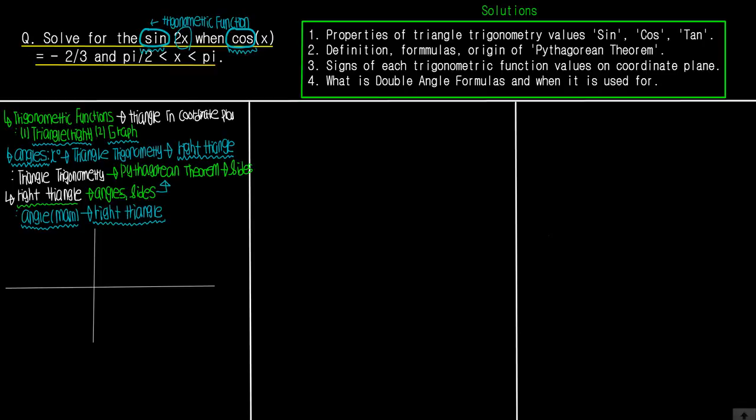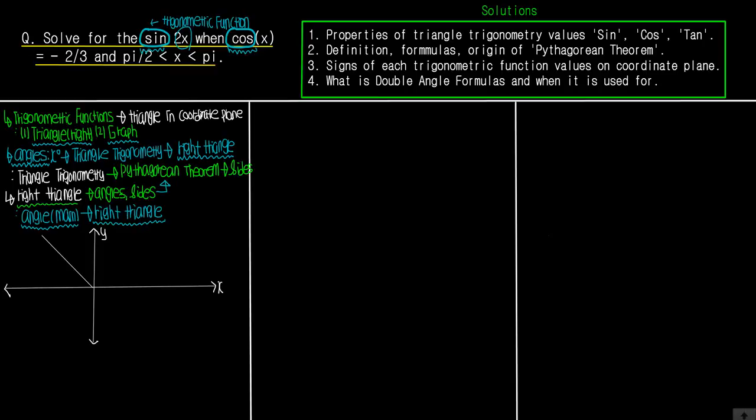So let's go and draw it. There is our coordinate plane, where we need to draw the x-axis and the y-axis, the horizontal axis and the vertical axis. There should be four types of triangle we can apply in our triangle trigonometry.